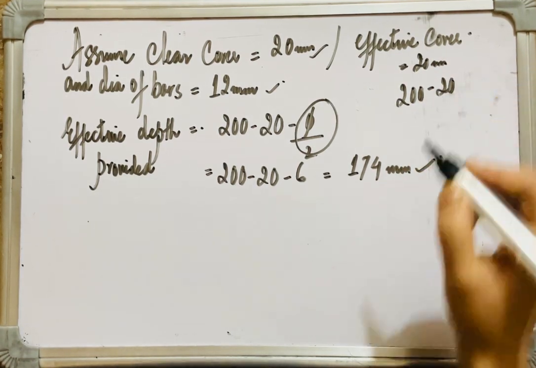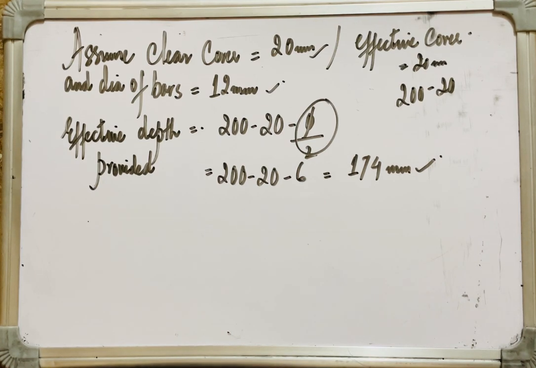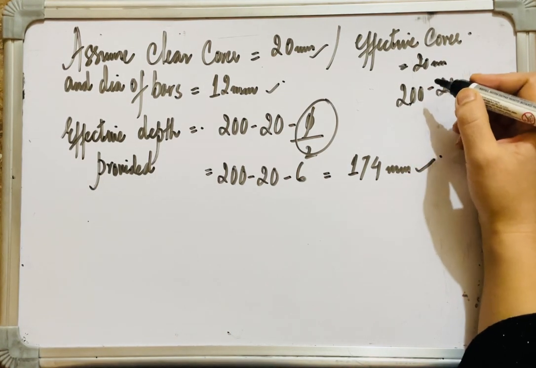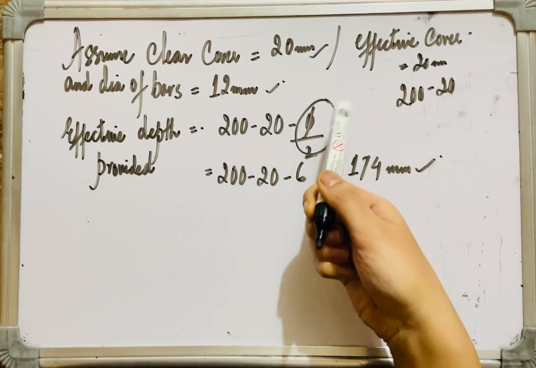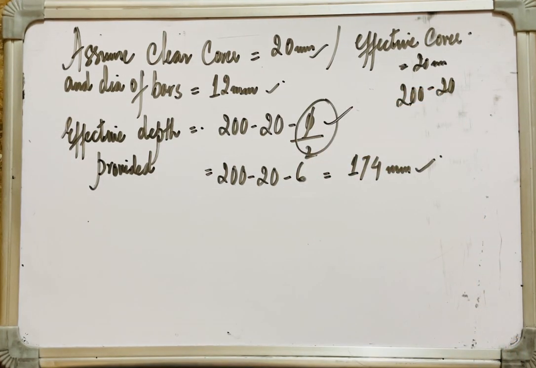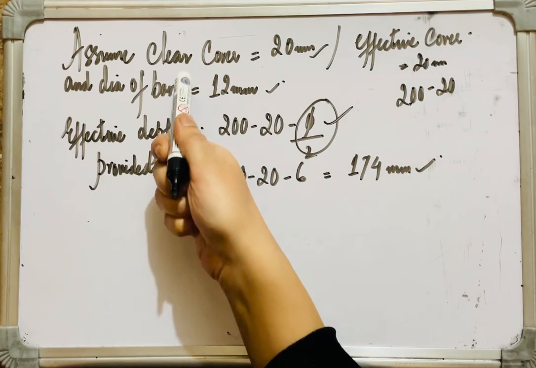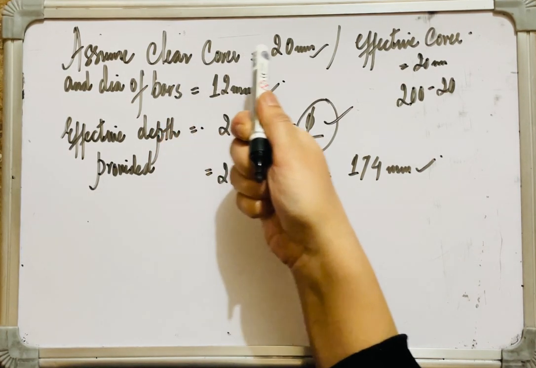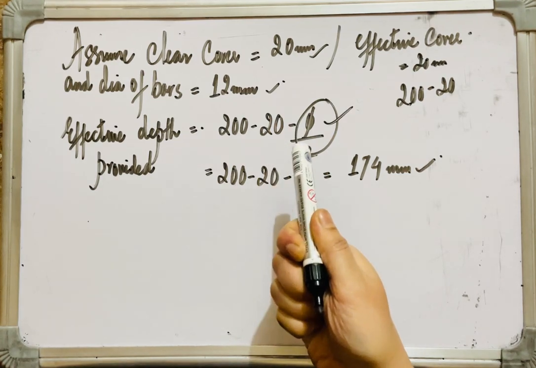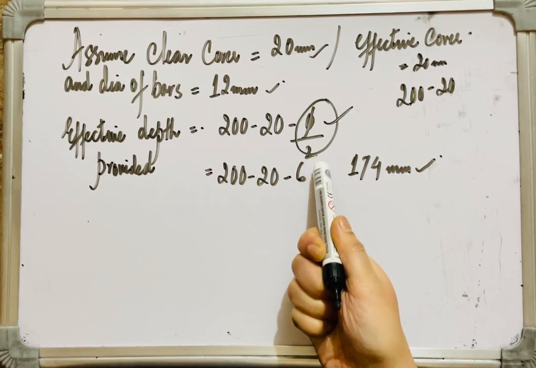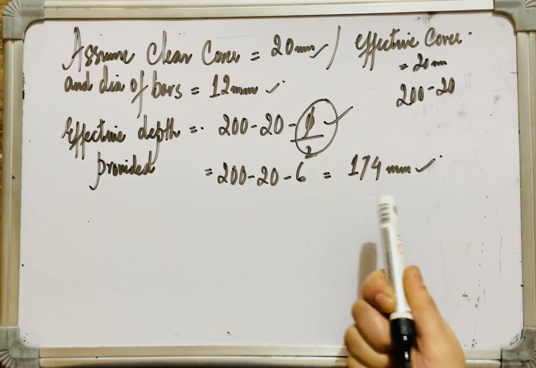20. Now please do not get confused if some books have done it differently, or if you are ever confused why in one situation we don't subtract this thing and in another situation we do subtract this thing. How does this arise? This is because here I'm assuming clear cover as 20 mm, then I have to subtract the dia by 2 to get my effective depth.